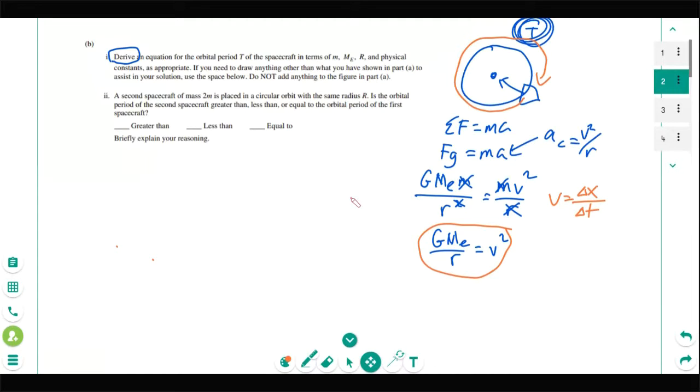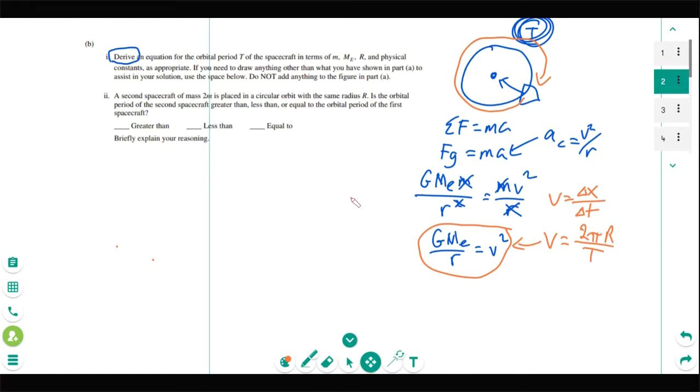I'll give you a hint: it has to do something with a circle. It is 2 pi r. Yes, it's the circumference. So v equals 2 pi r over T, T being the period, the time it takes for one cycle. So now I can plug it in and solve this for T and get my answer.